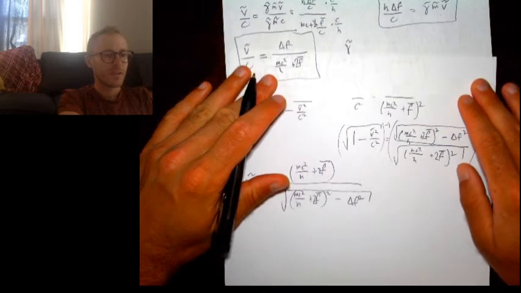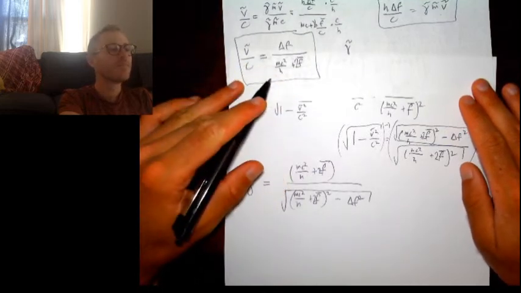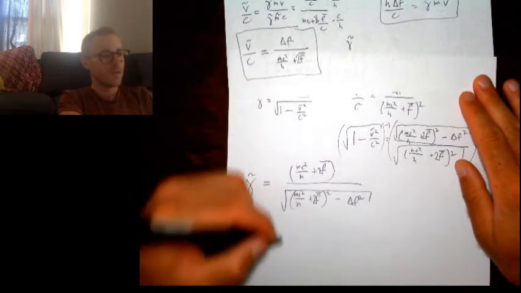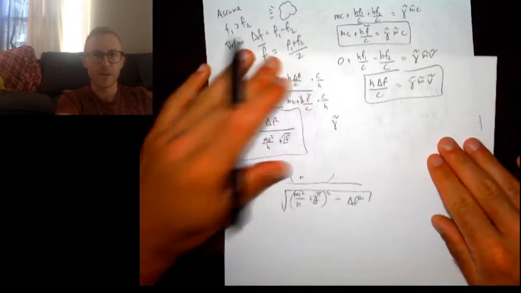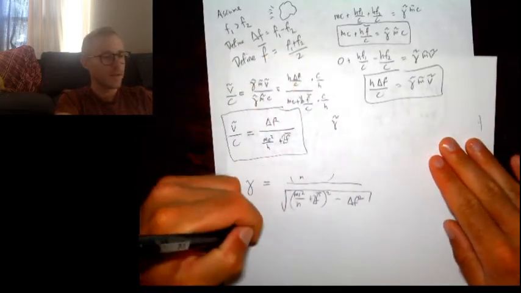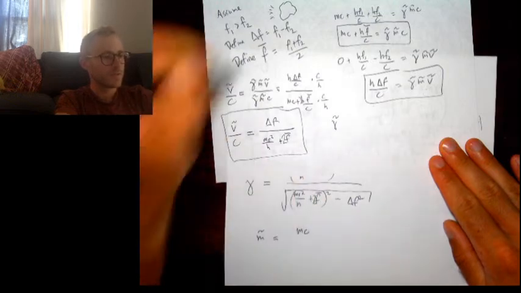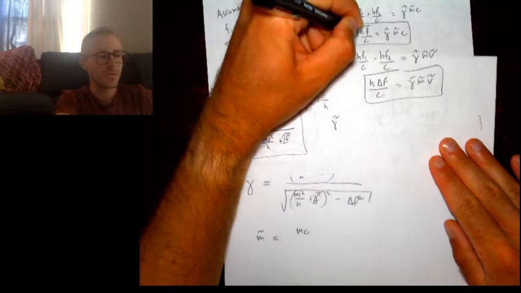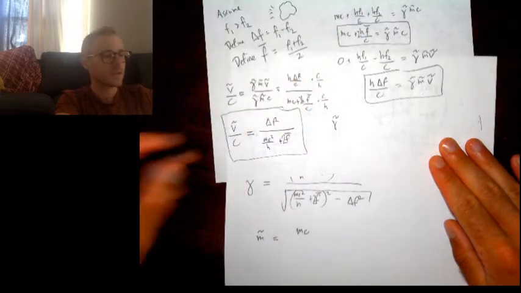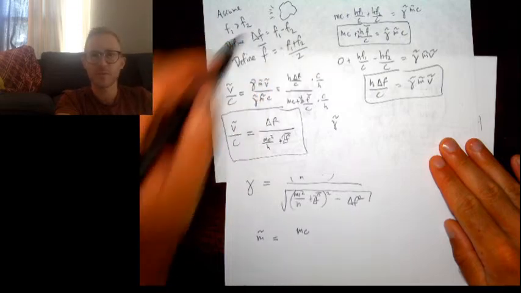So now, notice that if I go to this equation here, I could write m squiggle equals mc, and this should be 2. This should be a factor of 2 as well, because I forgot to include the extra factor of 2.